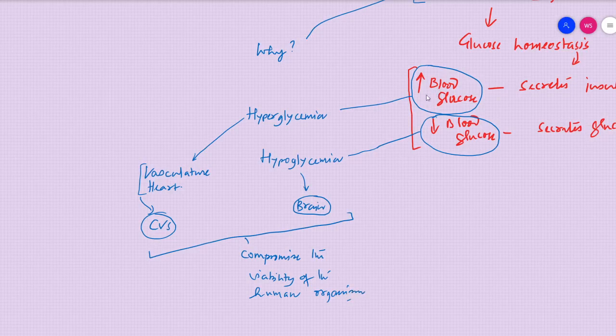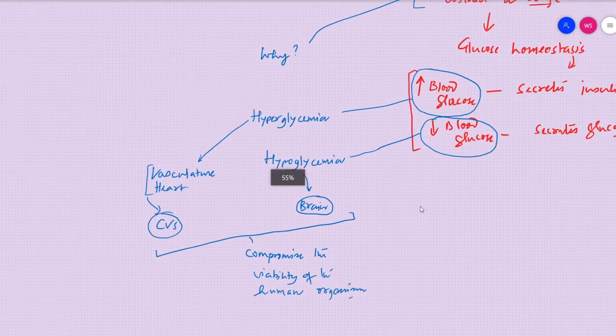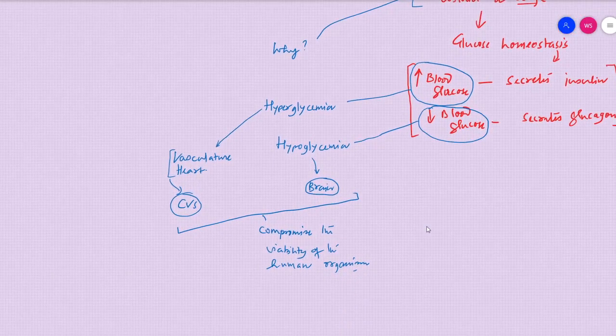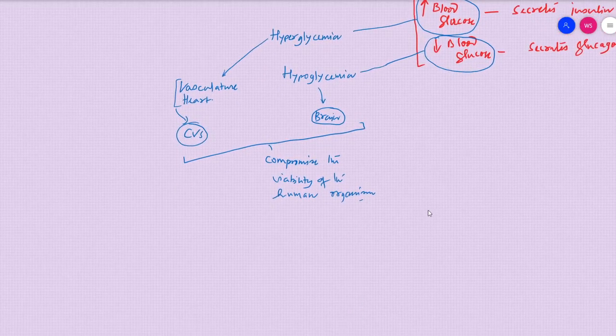Okay. So these both conditions can become a threat to life. So that is why the body tries to actively control and maintain blood sugar within a very close range, to preserve life. Which means that there can be increased morbidity.